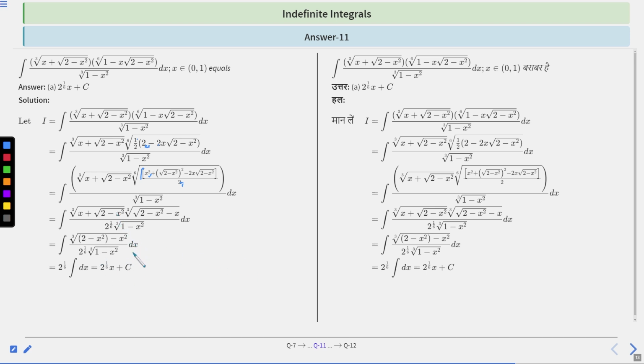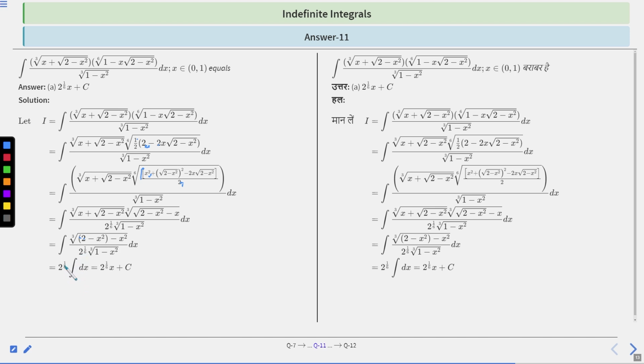Now, the above numerator can be written as 2 minus 2x square. Now, 2 to the power 1 by 6 can be taken as common, 2 to the power 1 by 3. 2 is taken as common inside the cube root, and when 2 is out of the cube root, it will be 2 to the power 1 by 3, and in the denominator it is 2 to the power 1 by 6, right?